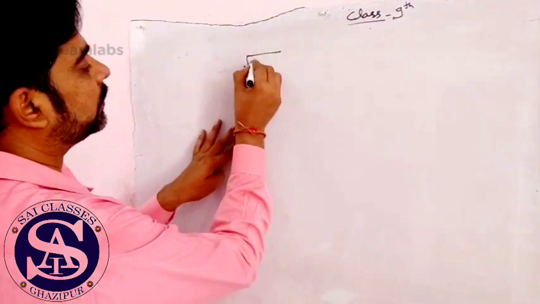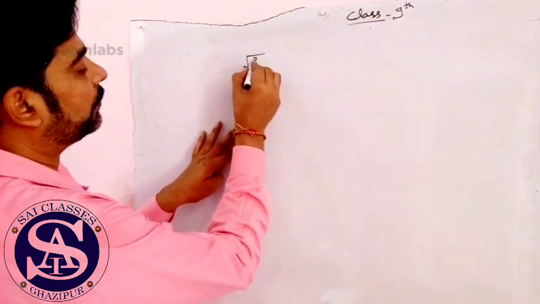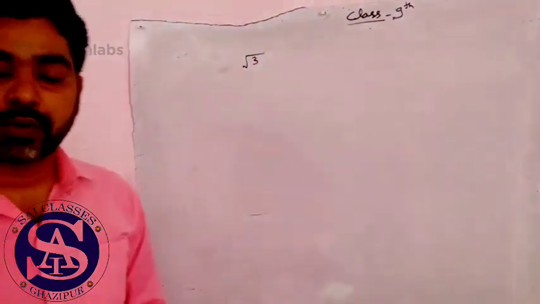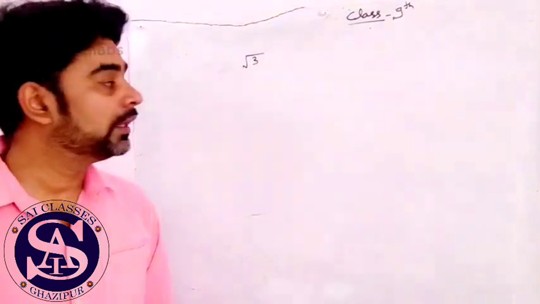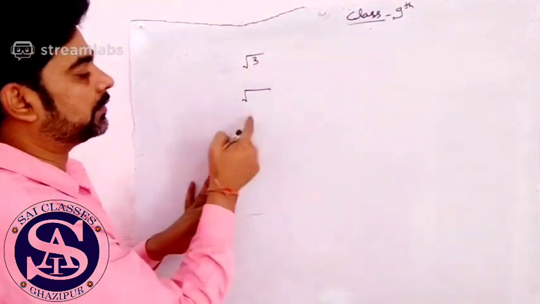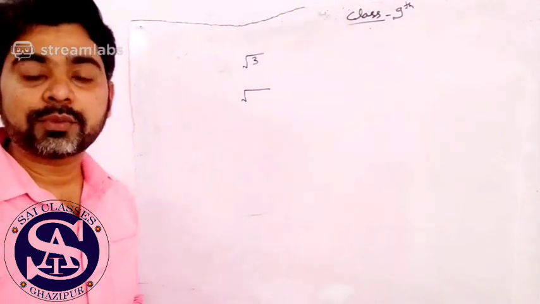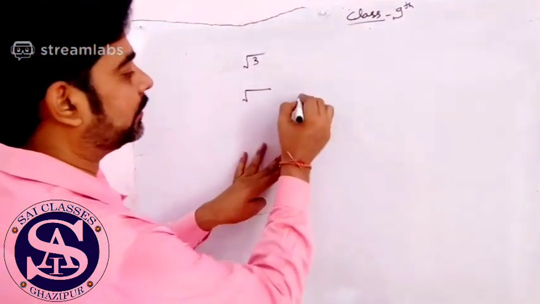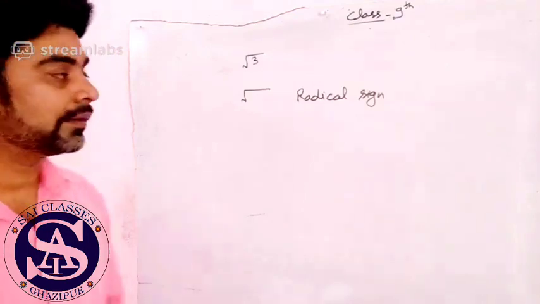If we write the square root of 3, then this sign is said to be the radical sign.